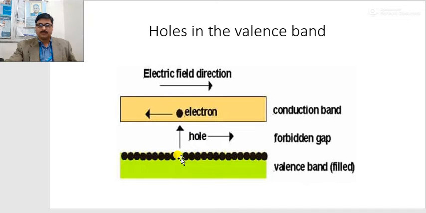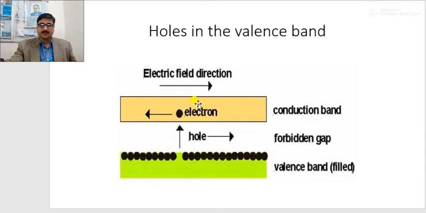When there is no electron in the valence band, then again an electron moves from the conduction band to the valence band, and at the same time, on the basis of the anti-particle theory given by P.A.M. Dirac, it is clear that a hole is formed in the valence band, like 0 is equal to plus 1 and minus 1.